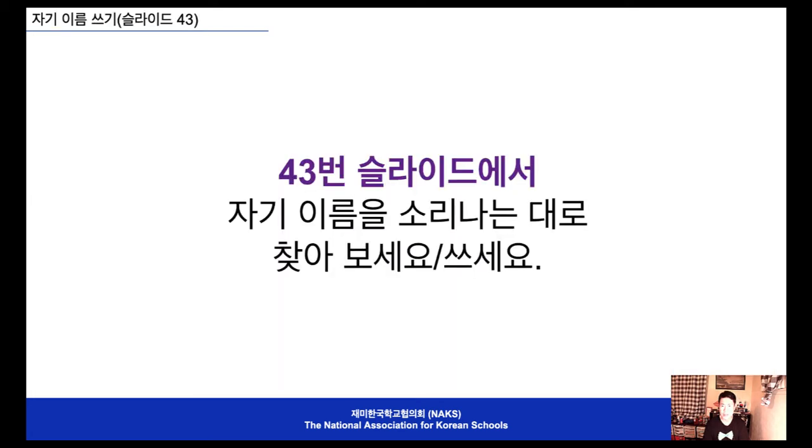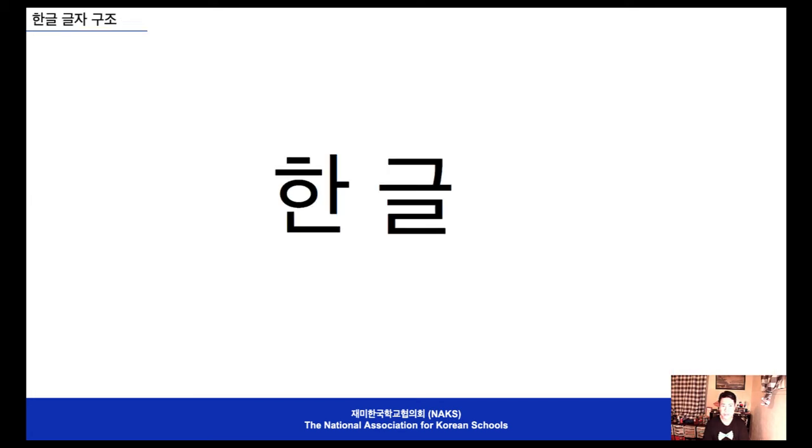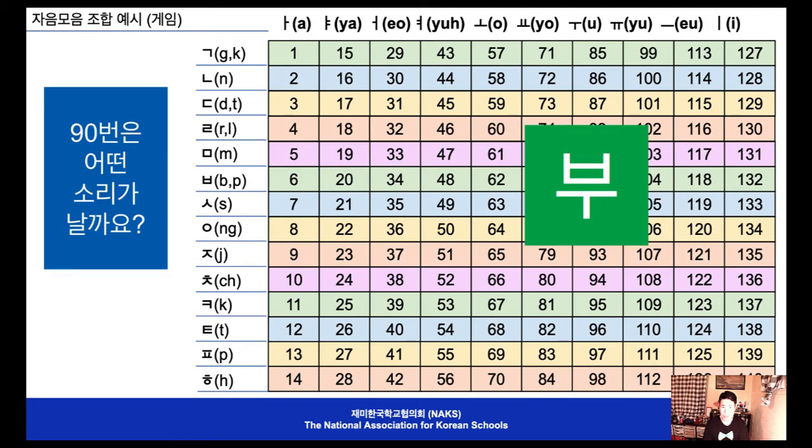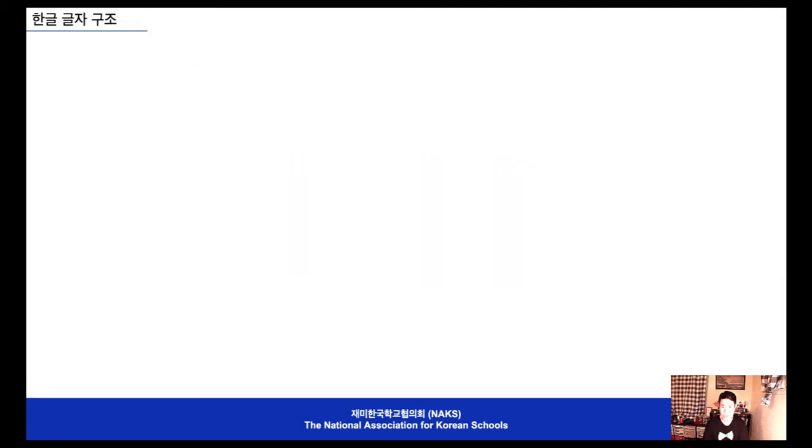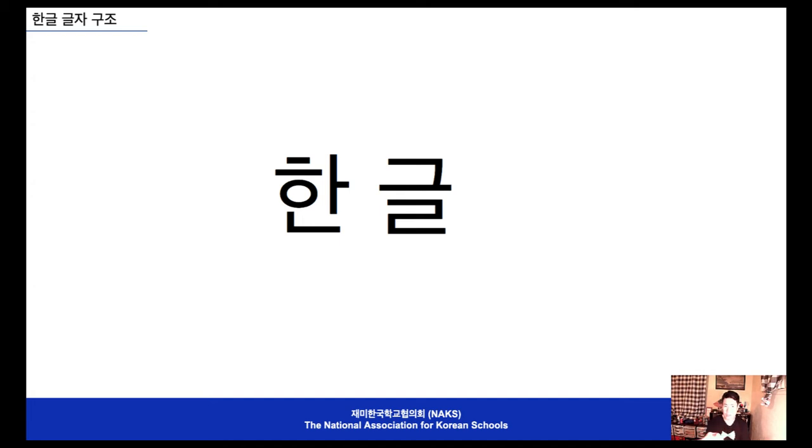Okay, so what if you have this slide back here, and then when you read this slide, you can actually say how to say this. So this is the H sound, right?